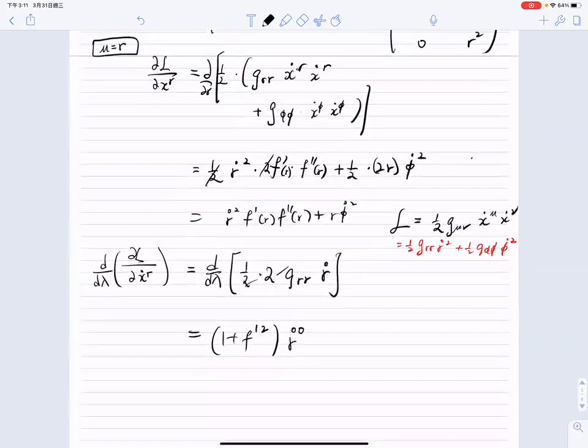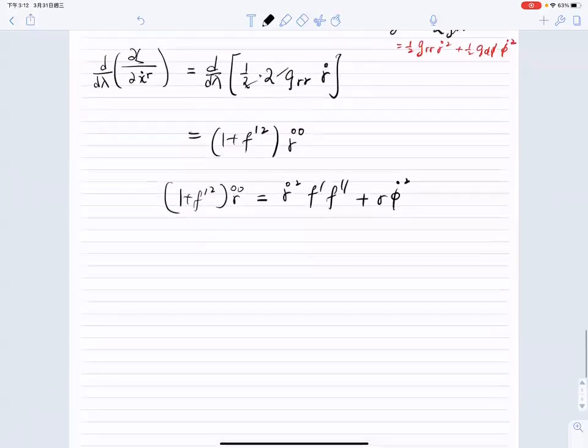Okay, and then we write down all of it, minus, equal to f dot plus r phi dot squared.